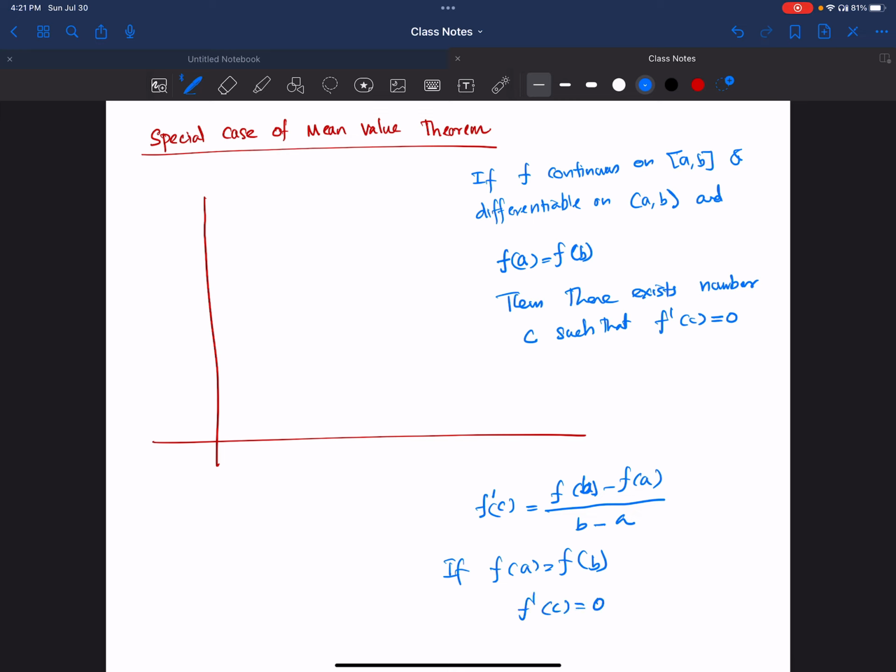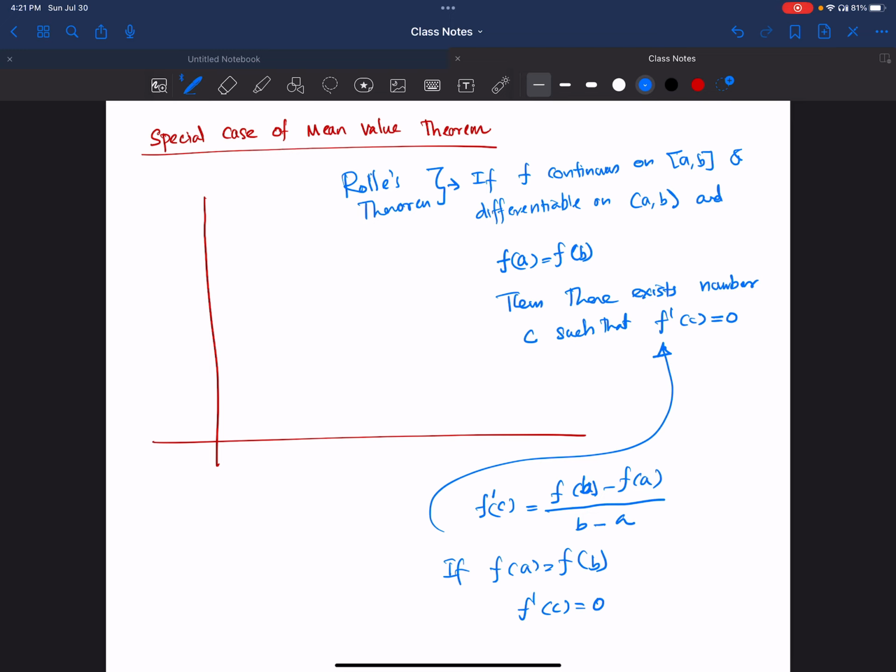So this Rolle's theorem is a special case of the mean value theorem.